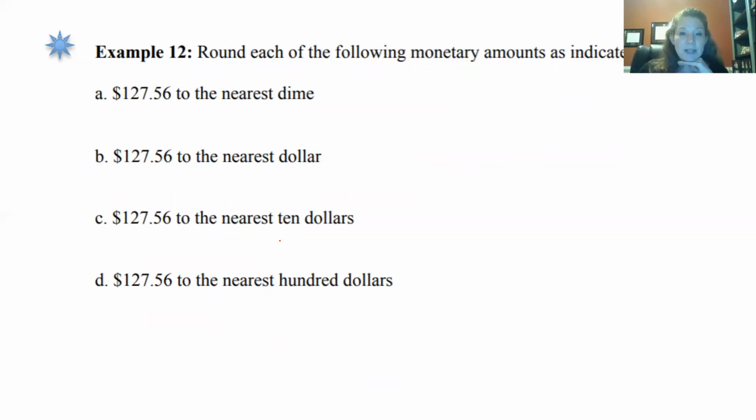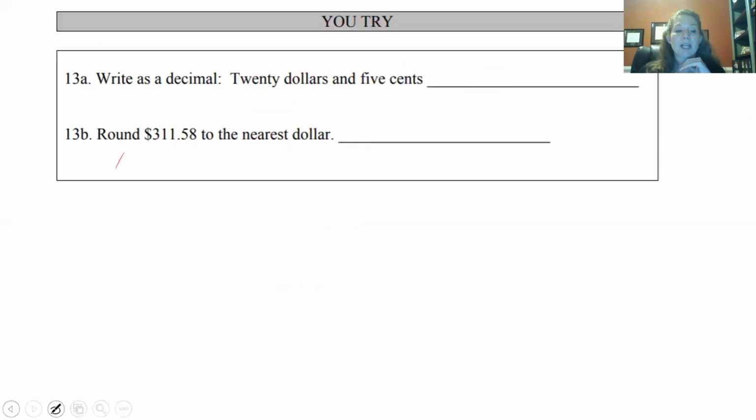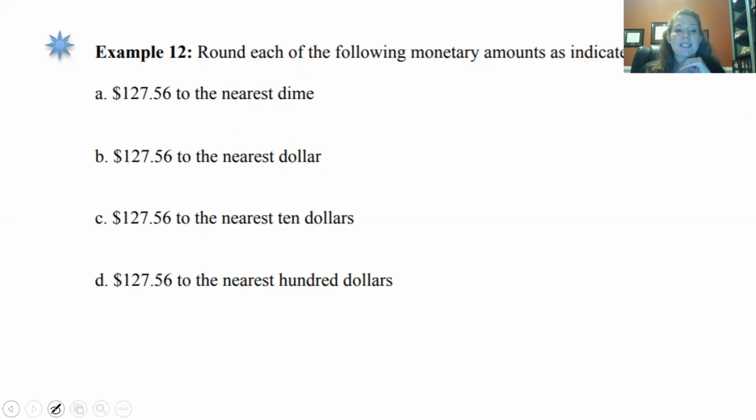So it says round each of the following monetary values as indicated. So this to the nearest dime. Which number's in the dimes place? This one. So to the nearest dime, is that going to be closer to 50 cents or 60 cents? Well, that 6 makes me round that 5 up to a 6.